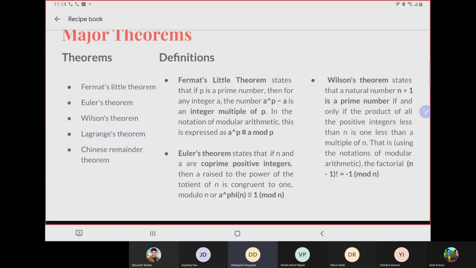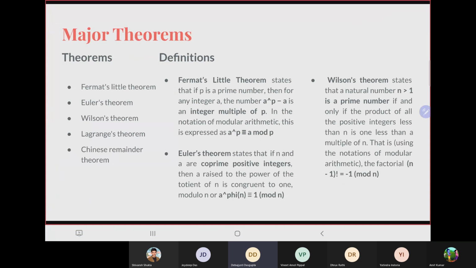Cool. So these are the two major theorems. One more theorem is the Wilson theorem. Not that important, but you can go through it. So basically it says that if n is a prime number, so here we are considering only prime numbers, then this property will always be satisfied: n minus 1 factorial is congruent to minus 1 mod n.